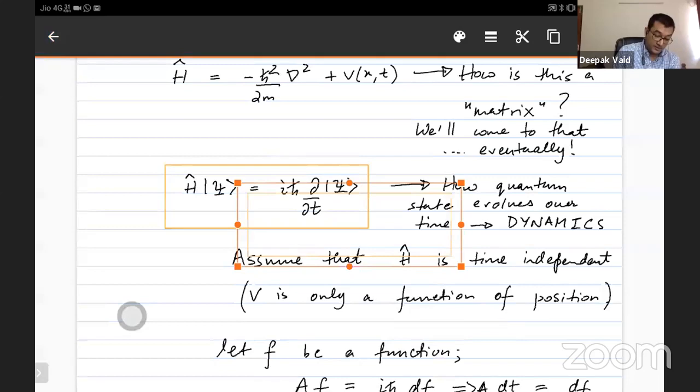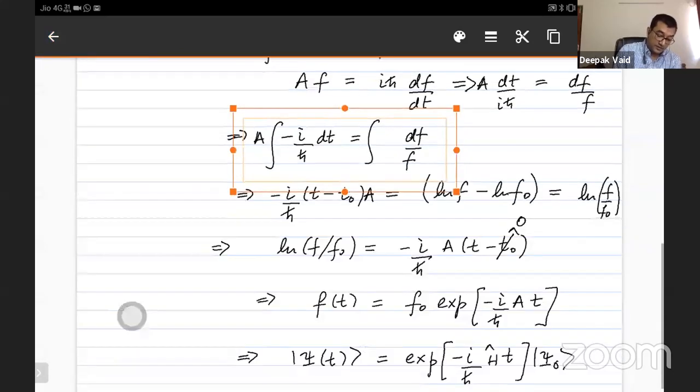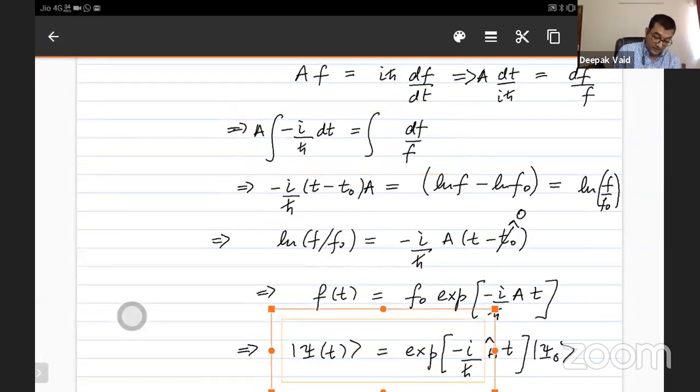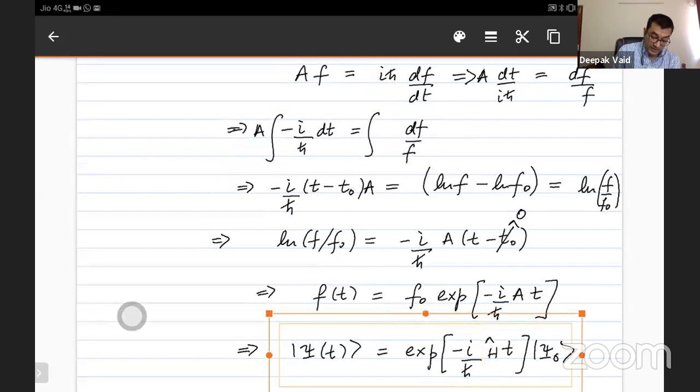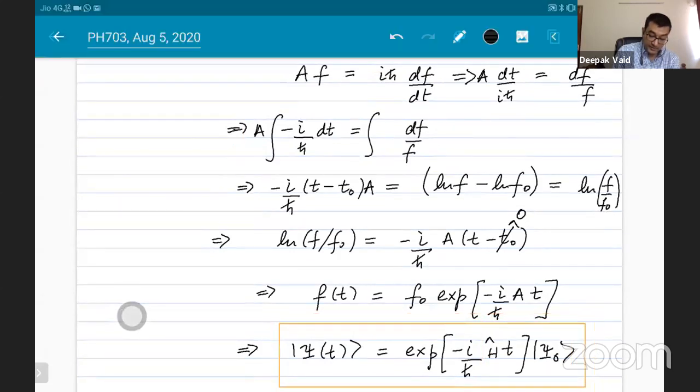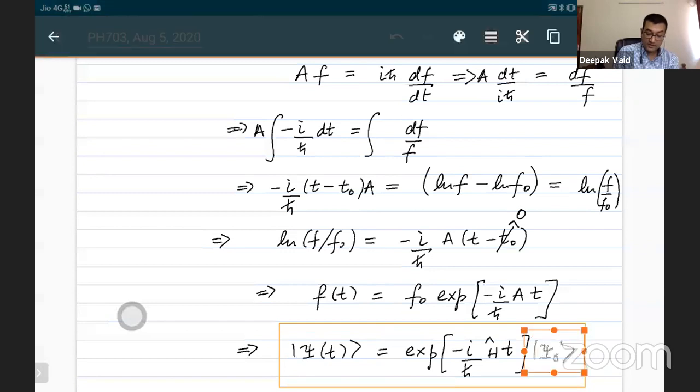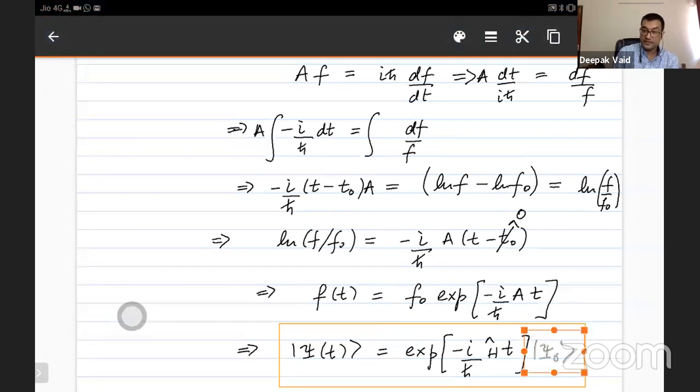And this guy, this is the solution of the time-dependent Schrodinger equation. It tells me how my state changes with time. Okay. So now there are a couple of things to keep in mind. Psi naught here is the state at the initial time. This is the state at some later time.